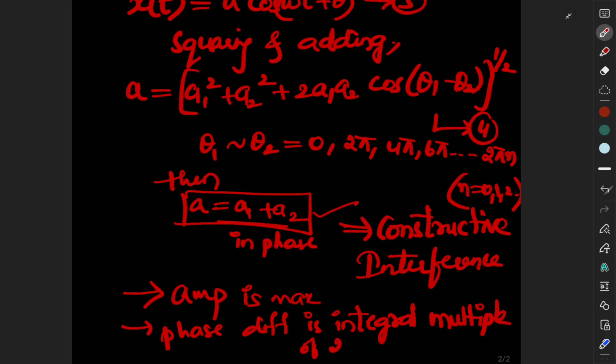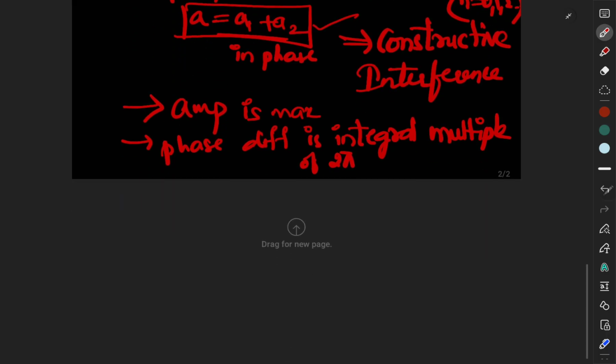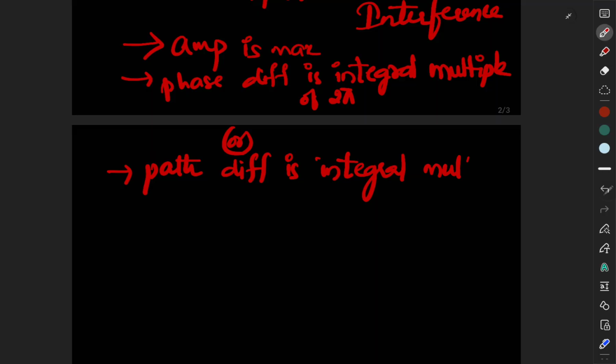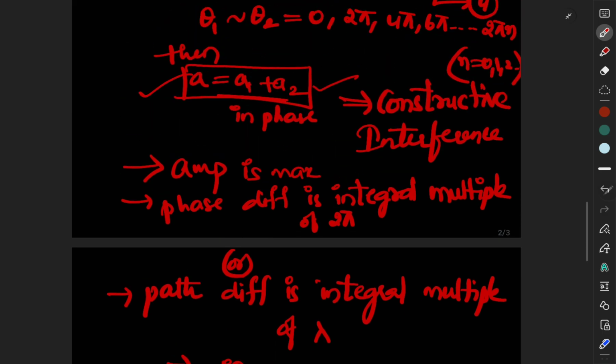Or we can say path difference is an integral multiple of wavelength lambda.